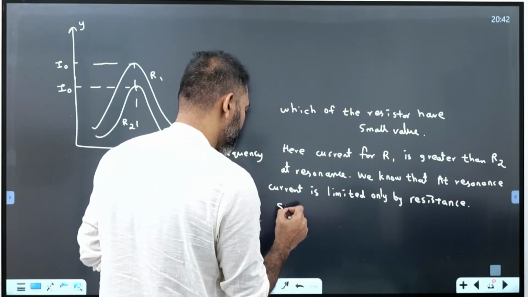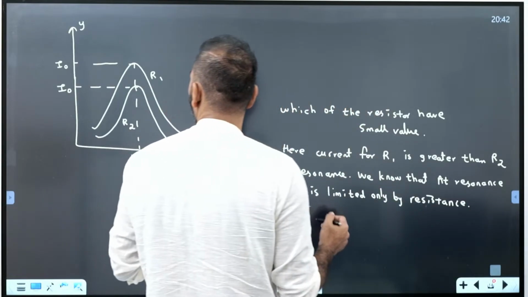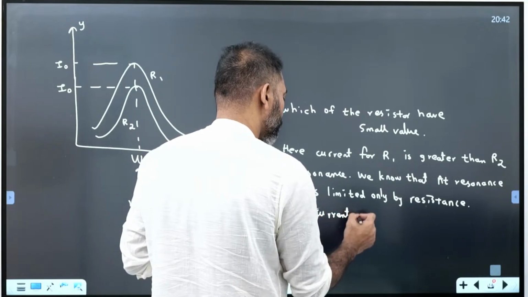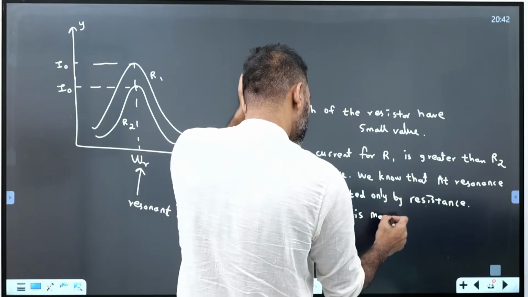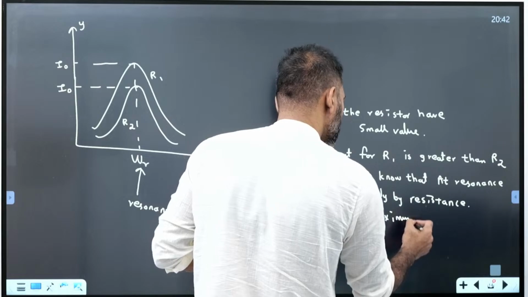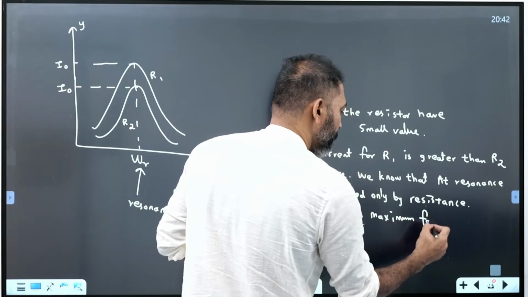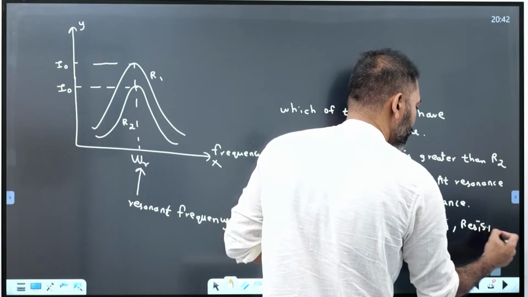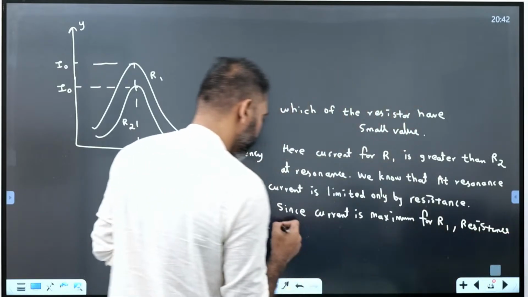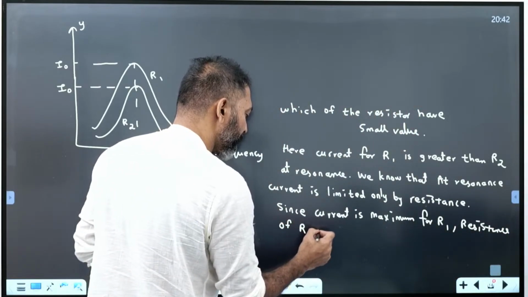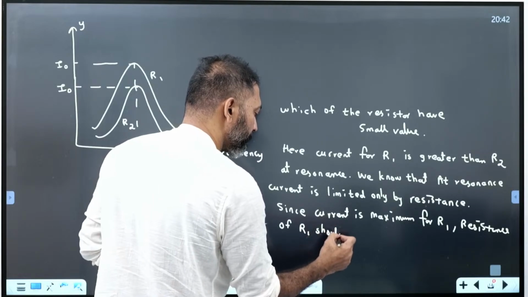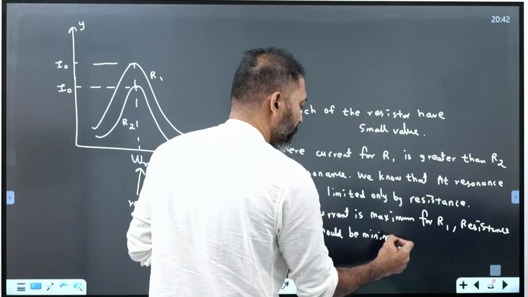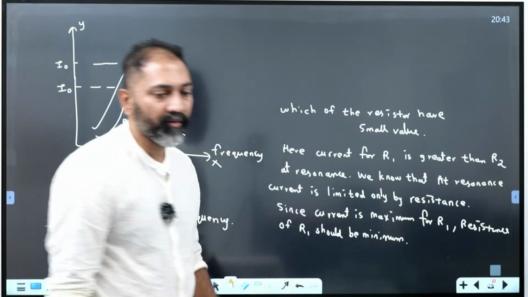Since current is maximum for R1, resistance of R1 should be minimum.